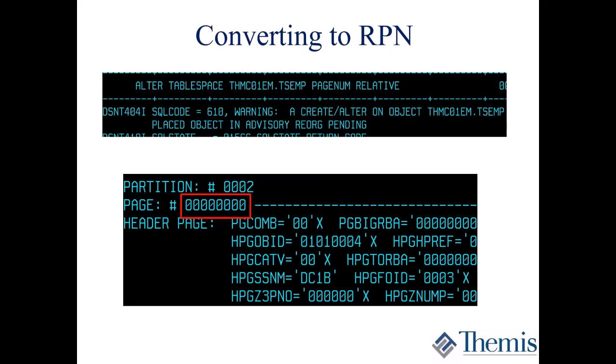So I don't want to make it sound too easy here. To get from absolute page numbering to relative page numbering, you will need to reorg the entire table space. And again, especially since the target market for this is going to be really large things, that can be a real challenge. Some of your third-party utilities will help you get there more quickly, but this could be a significant challenge.